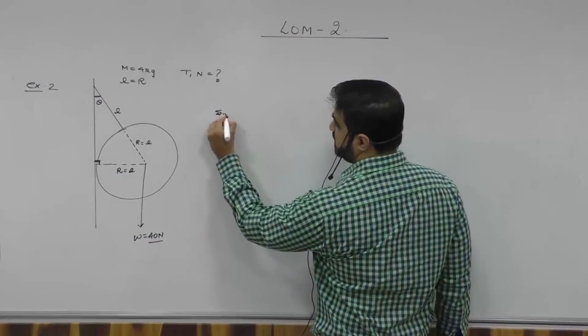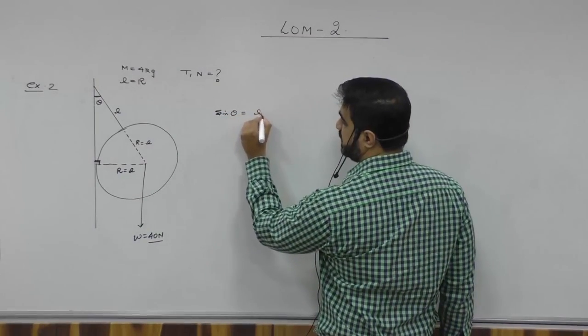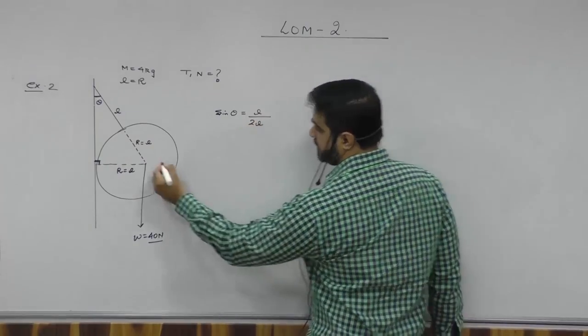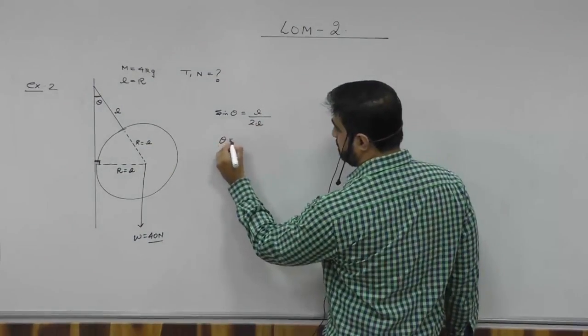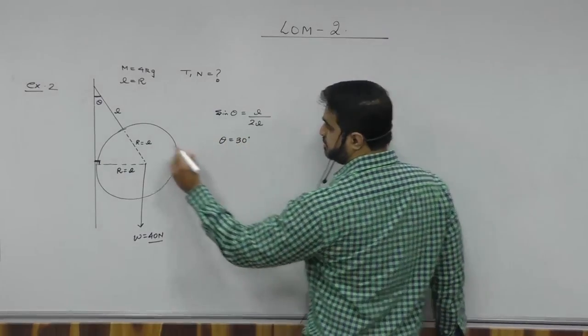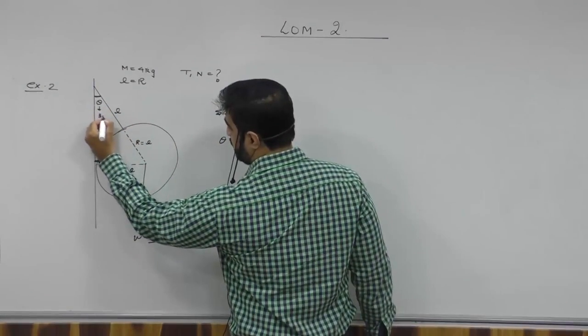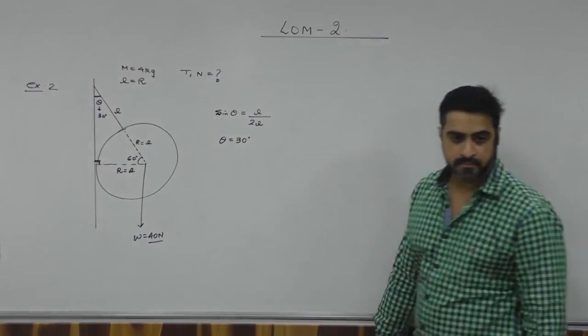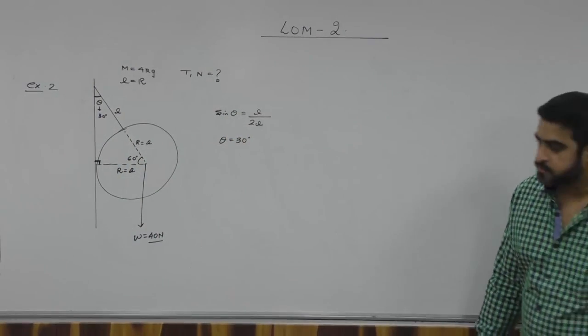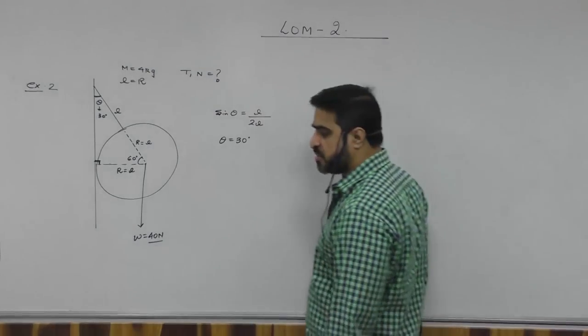Look now Baba, sine theta is L by 2L. L plus L. So how much is theta? It's 30. So this will be 60. Right or not?